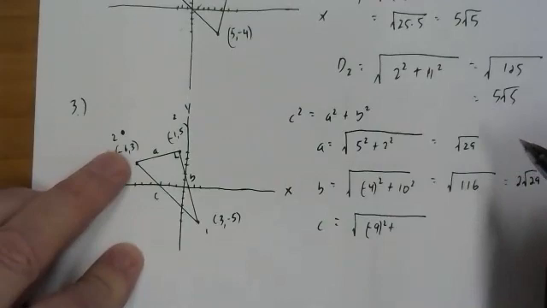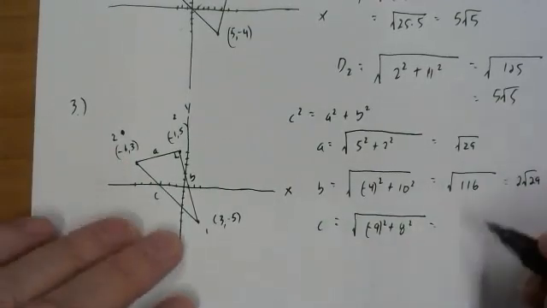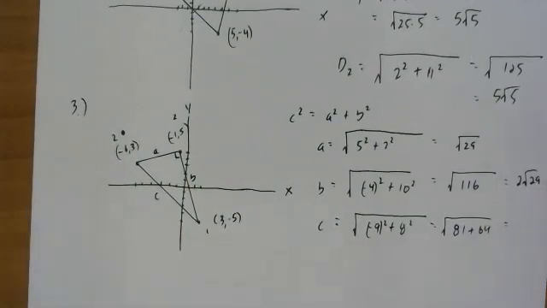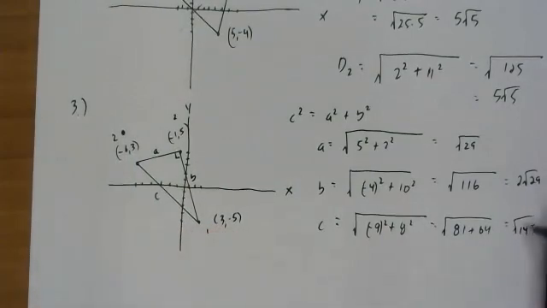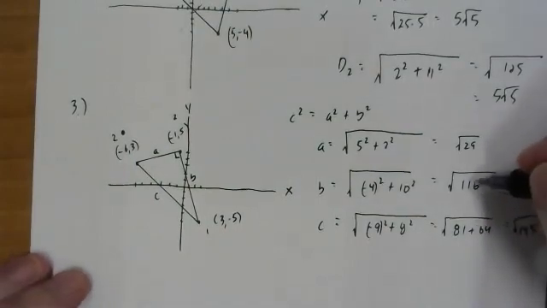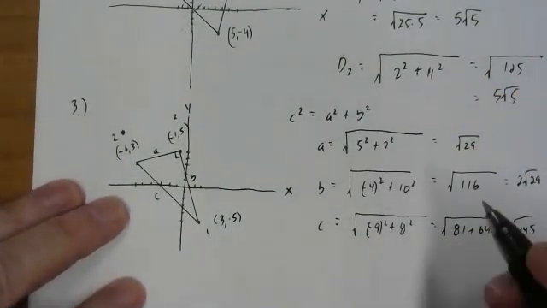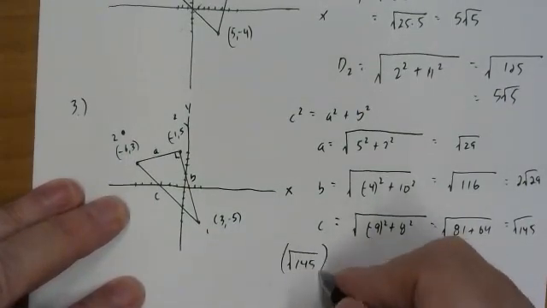And then 3 minus -5, that's 3 plus 5, it's 8 squared. 81 plus 64, which is 145. I wouldn't even worry about simplifying it. I didn't really need to simplify this one. Matter of fact, it'd probably be easiest if I left it like this. Because now if I plug those in, C is square root of 145.